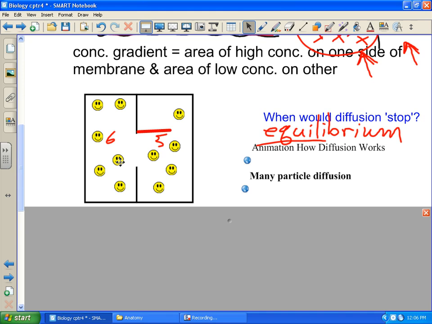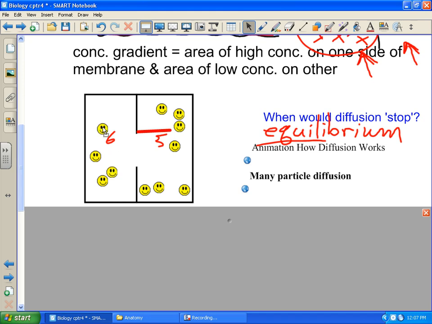Now, could we end up with something like this? Do you think that would ever happen? No. Once you open that door, as those are moving around randomly, you're never going to be able to get them all into one side, because there's always going to be some that are moving the opposite direction.